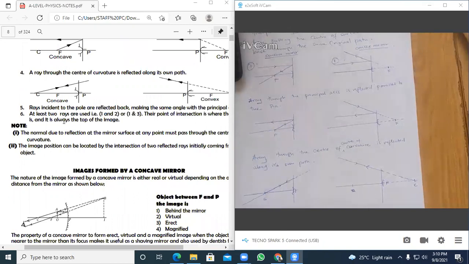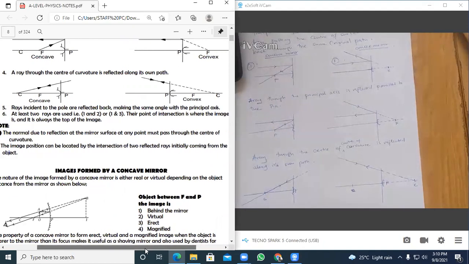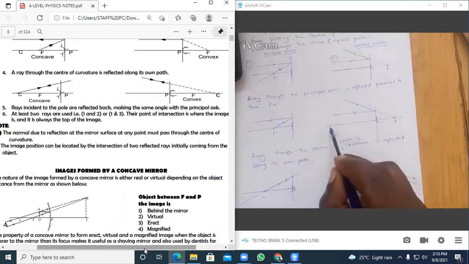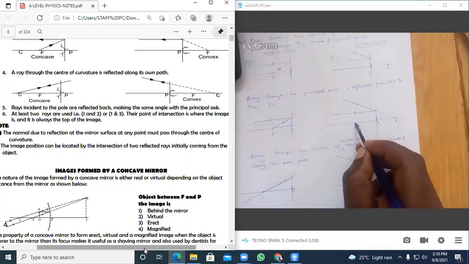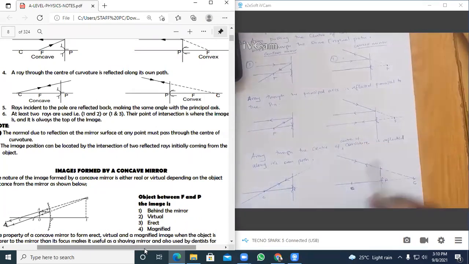So they are saying that rays incident on the pole are reflected back, making the same angle with the principal axis. So that's why I told you that if we have a ray along the principal axis here, that ray will be reflected back along the same path. Why?